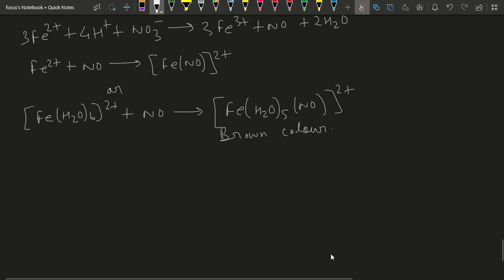So another important coordination complex that contains iron and NO ligand used in our daily chemistry life, that is sodium nitroprusside.